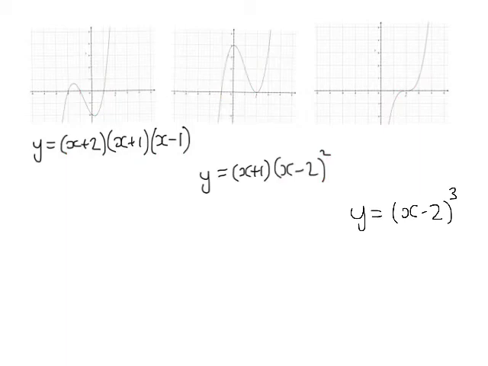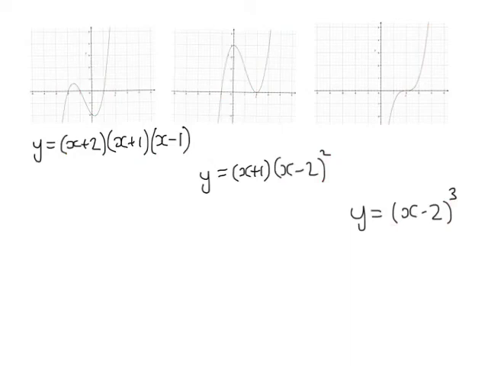You're going to look at translations in the next video, but we can tell that there's a root at x equals 2, so that gives us (x - 2). And that is the only root of this cubic, so it must be cubed to give us a cubic equation here.